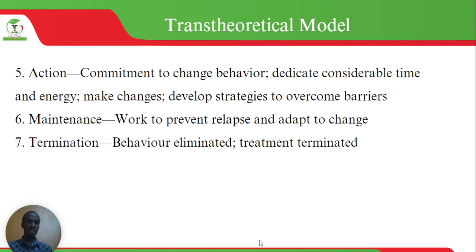And then the last phase, which is not always achieved, is termination, where the person has reached 100% self-efficacy and they cannot return to their old self. But in most cases, this stage is not always achieved, and people remain in the maintenance phase, where they just prevent relapsing or going back to their old self.